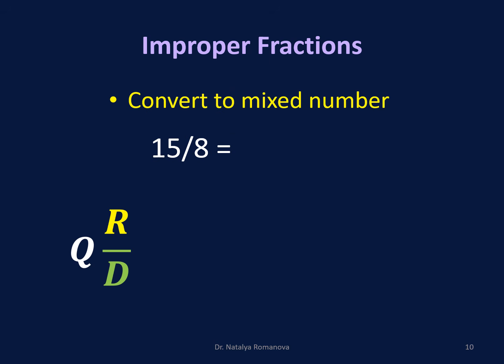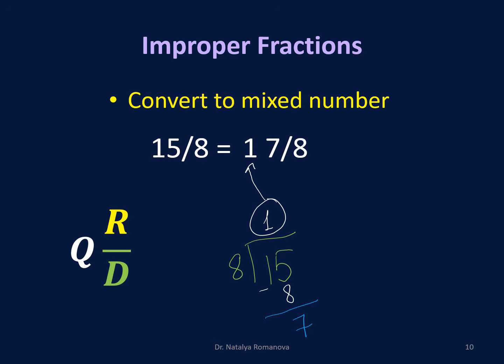An improper fraction must be converted into a mixed number. So we have 15 divided by 8. The quotient equals 1. 1 times 8 is 8, and 15 minus 8 equals 7. So the quotient 1 becomes the whole part.